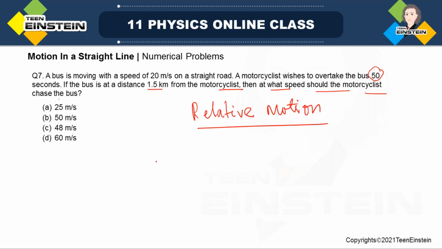First of all, let me explain. Suppose here is the motorbike, I'm just giving a dot over here, the man on the motorcycle, and here is the bus.